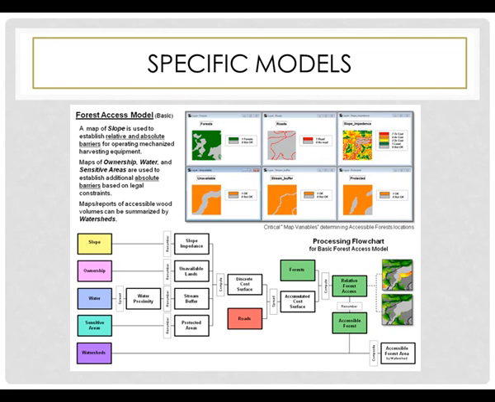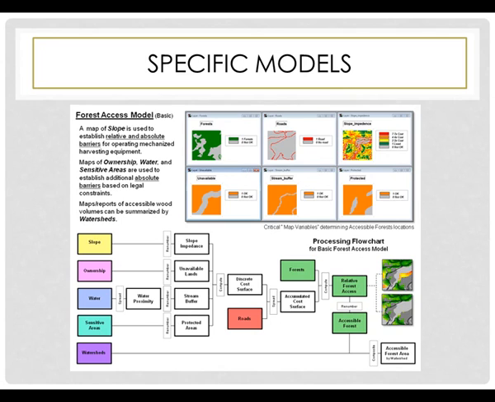So you'd have to first of all identify what are the major factors at hand here. In this case, this model has 5 different variables that are looked at initially: slope, ownership, water, sensitive area definition, and watershed conditions.